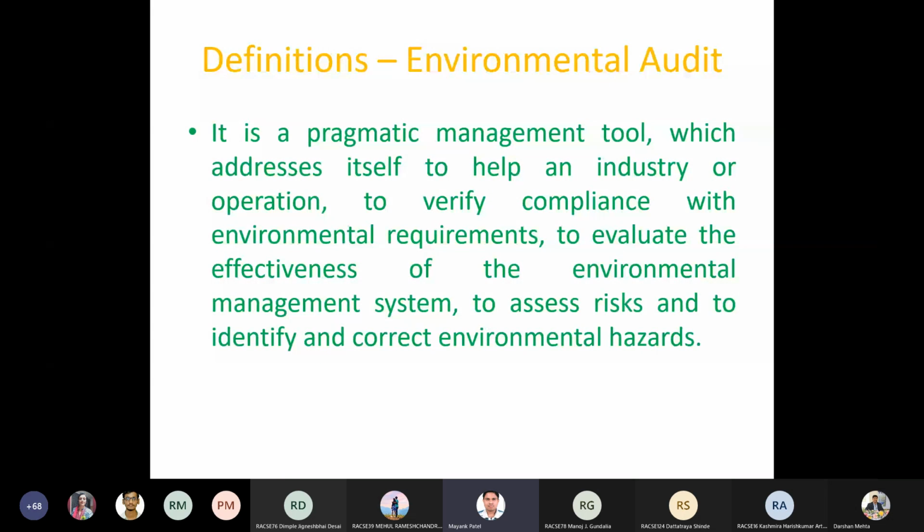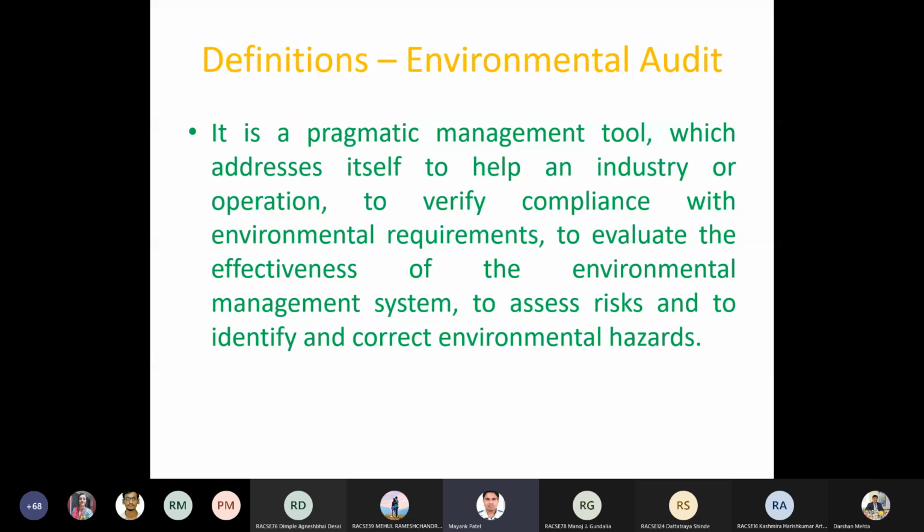If you have effluent generation, then what kind of wastewater treatment plant you are having, so that the treated effluent which you are discharging to the sink, right, will meet the ultimate discharge criteria defined by the statutory governing bodies, right? So all these kinds of systems are termed as EMS, environmental management system.